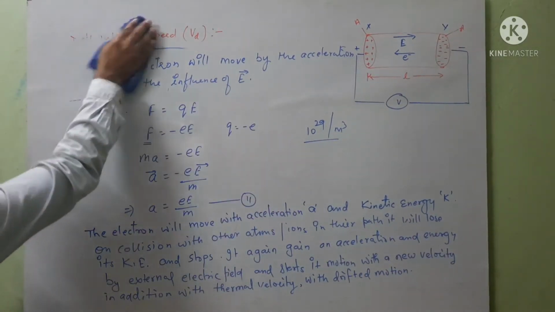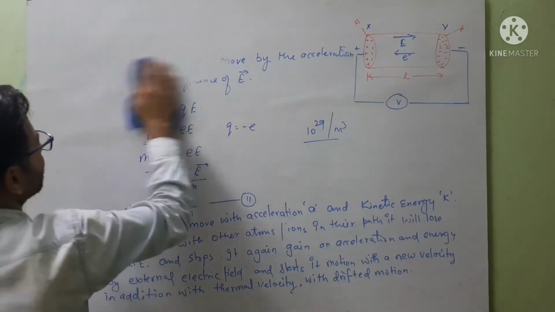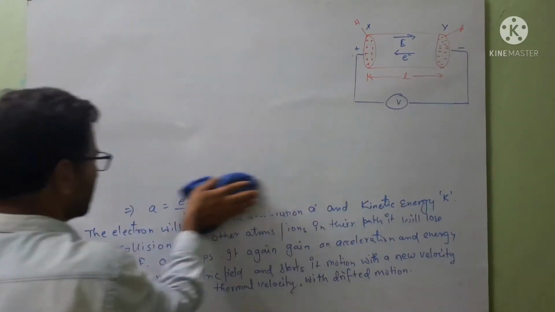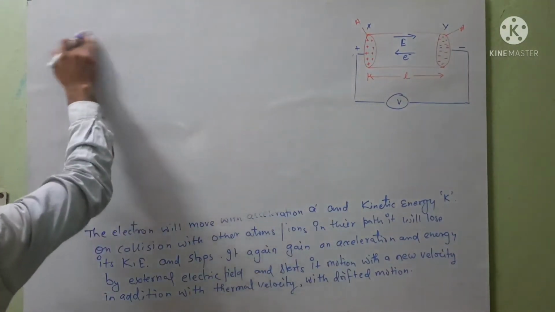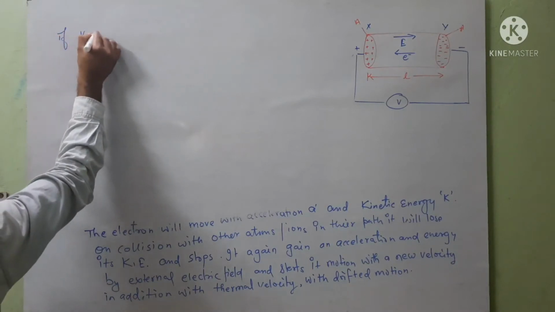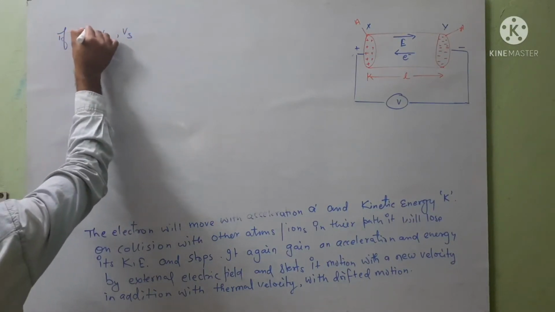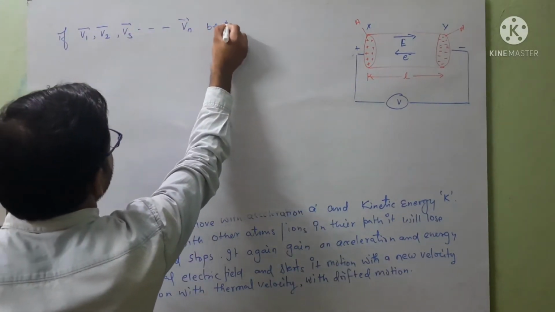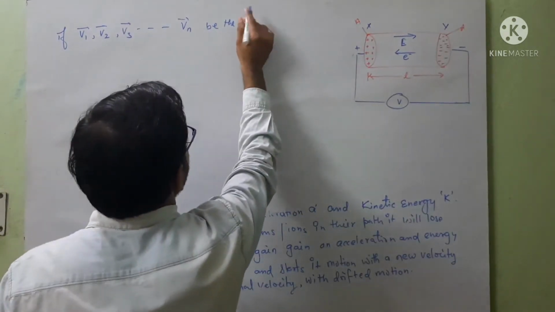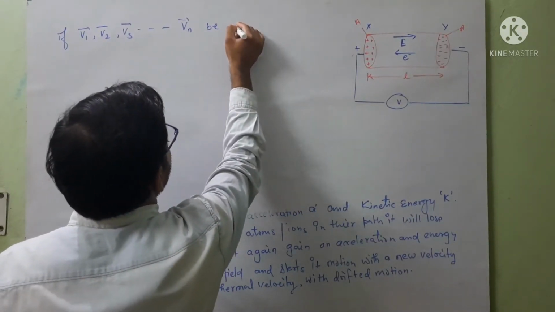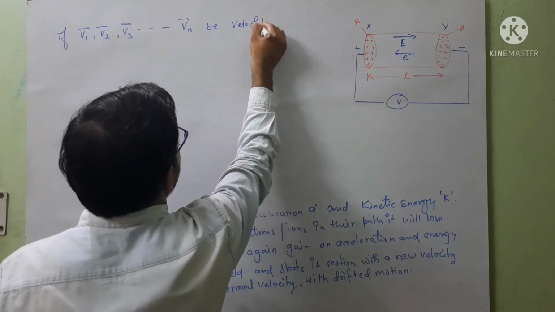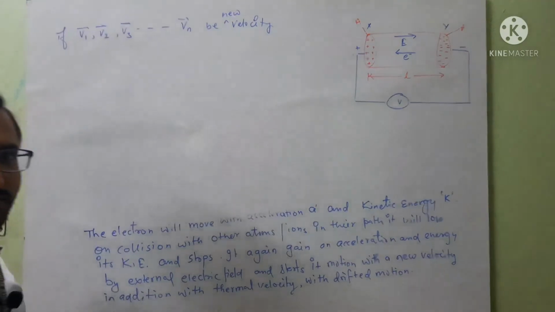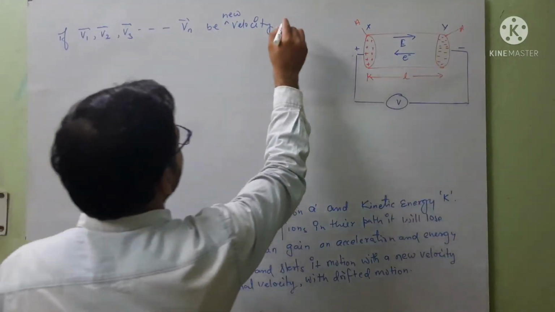Let the new velocity here be v1. If v1, v2, v3 in vector form up to vn be the new velocities of electrons, which are called drift velocity.